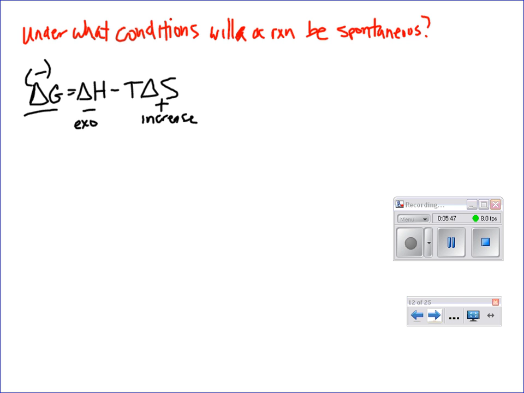High temperatures? All temperatures. Why all temperatures? And here's the thing a lot of people are missing. You cannot have a negative temperature because we're always in Kelvin, so you're always going to have a positive value. So I have this negative number and I'm subtracting off of the negative number. It doesn't matter how much that is, it's going to stay negative. So this is spontaneous at all temps. So that's our first scenario.